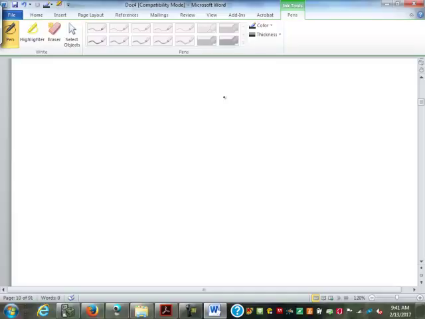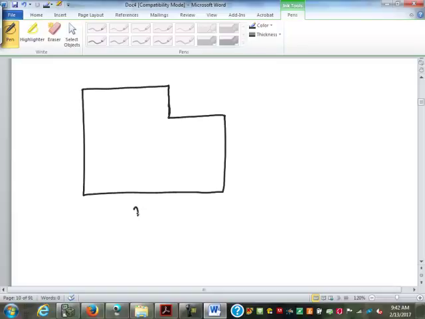Now, when we're dealing with perimeters and areas, we're not always going to deal with nice, pretty, perfect little rectangles. We can end up with more complex shapes like this. So let's say that this is 20 inches and 16 inches. And let's say that I am told that this is 5 inches and 8 inches.